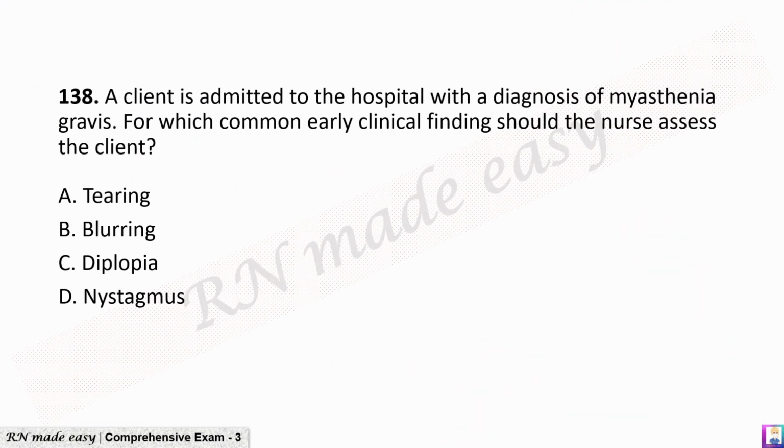Question 138. A client is admitted to the hospital with a diagnosis of myasthenia gravis. For which common early clinical finding should the nurse assess the client? A. Tearing. B. Blurring. C. Diplopia. D. Nystagmus.